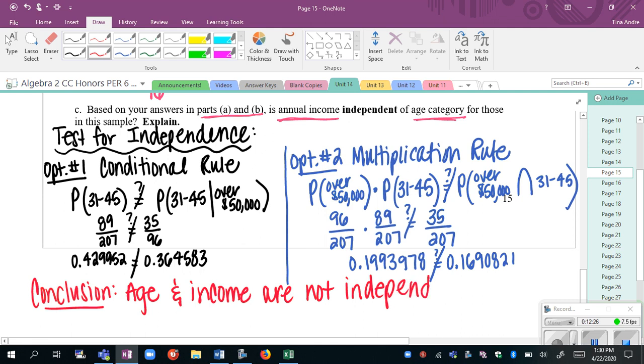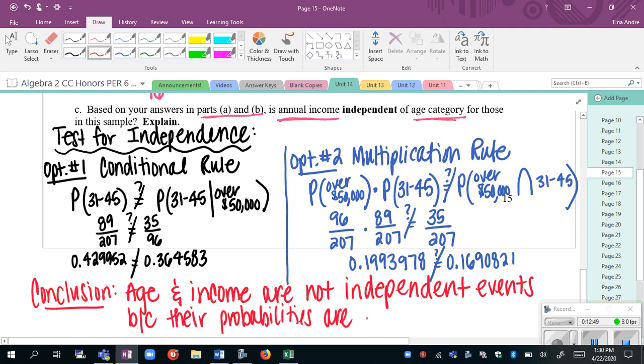You don't change this to dependent. Not independent events because their probabilities, so basically the formulas, are not equal.